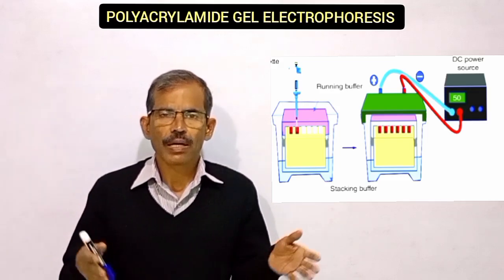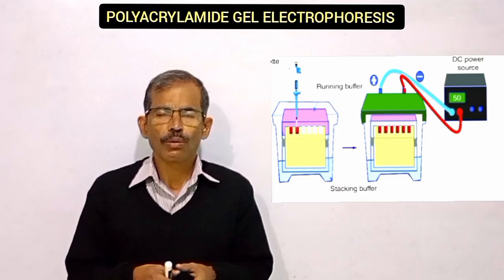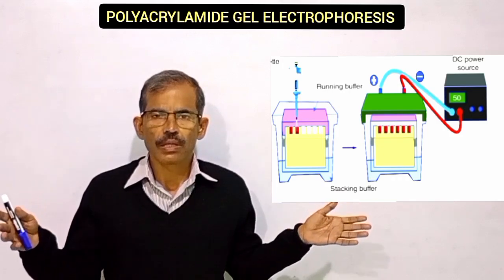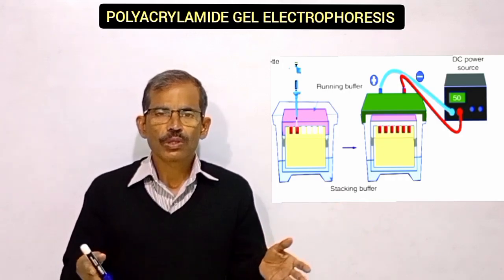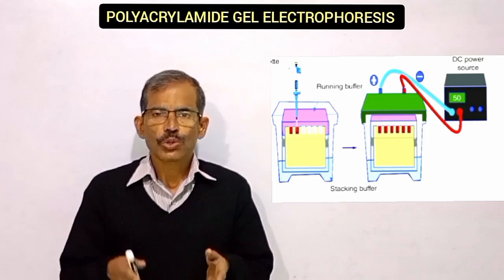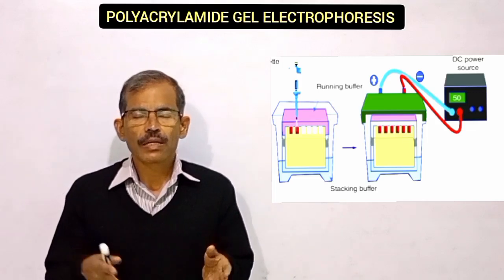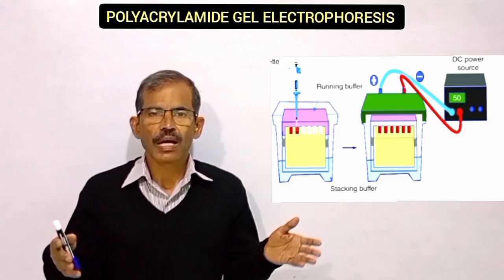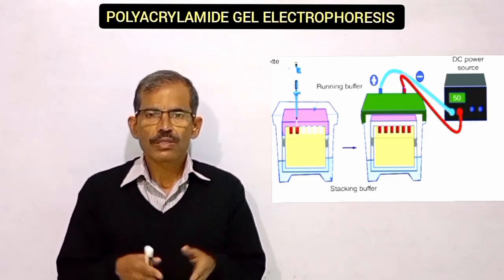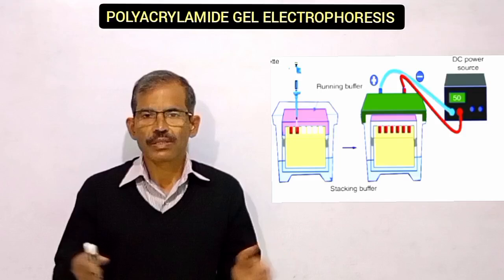Macromolecules are separated on the basis of their electrophoretic mobility, which is a function of their size, shape and net charge. In this technique, separation is carried out in a cross-linked polyacrylamide matrix.